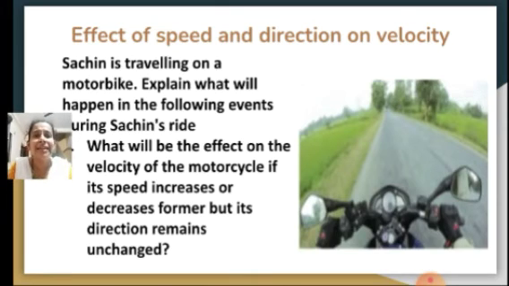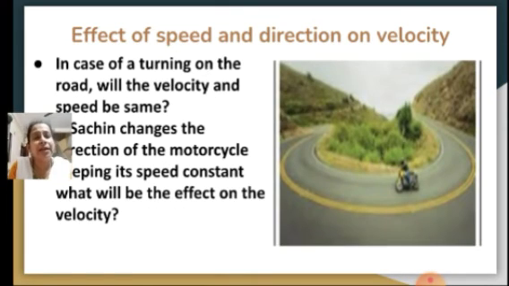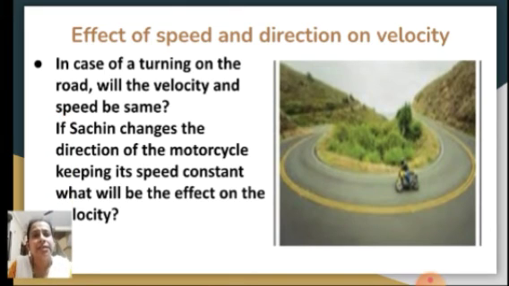Second thing, in case of a turning on the road, will the velocity and the speed be the same? Here the condition is, if Sachin changes the direction of the motorcycle. In the first condition, direction was constant. Now the direction is changing, but the speed is constant. What will be the effect on the velocity?